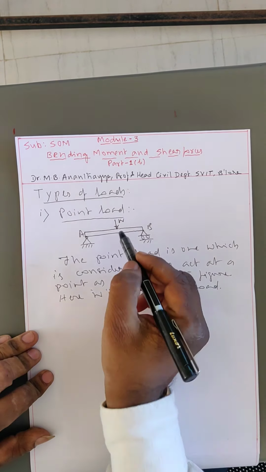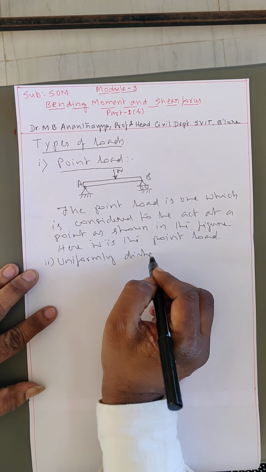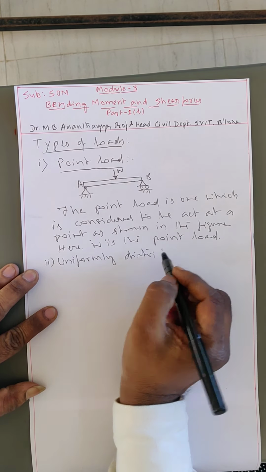The second type of load is uniformly distributed load, called UDL. A uniformly distributed load is that load whose magnitude remains uniform throughout the length.